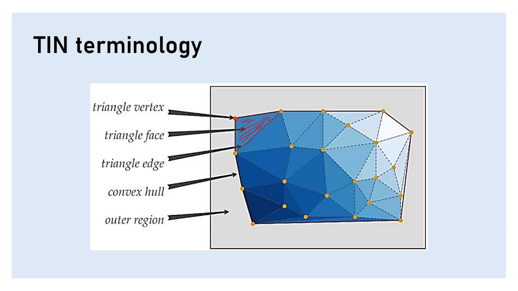Then this is the convex hull, that is basically the outer periphery, and then this region is the outer region. So this is the convex hull, this is the triangle edge, this is the triangle face, and this is the triangle vertex. That is just basic terminology, just for information.